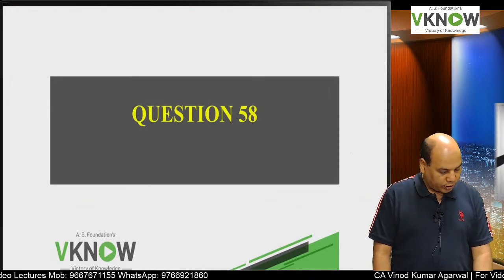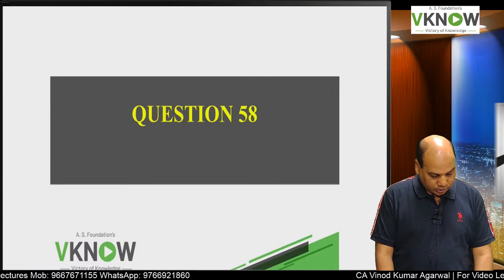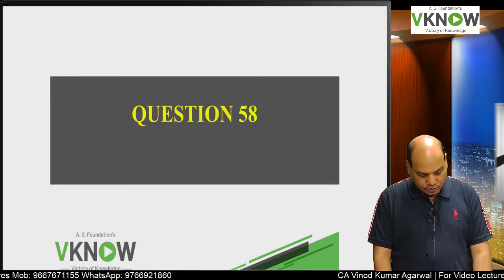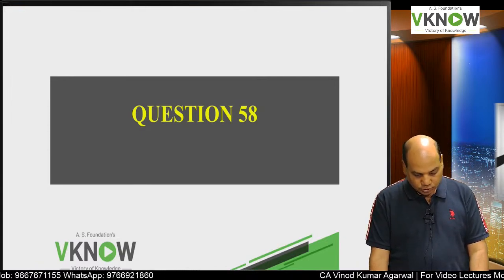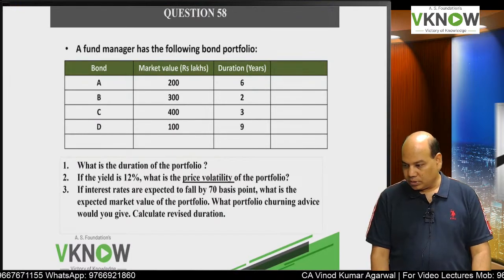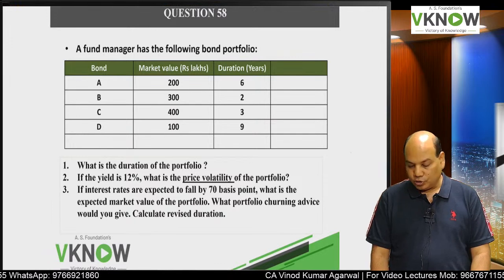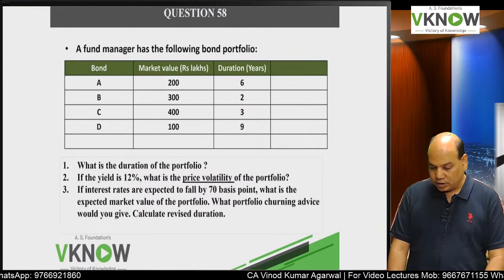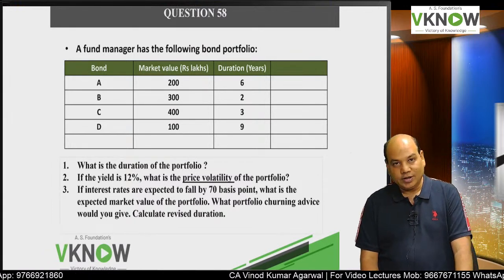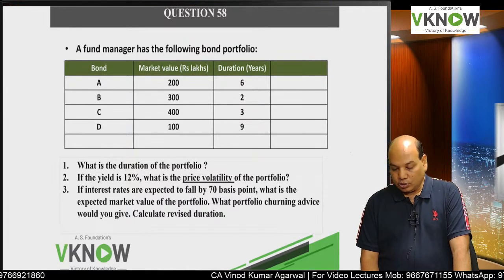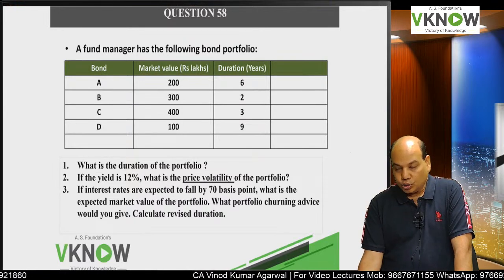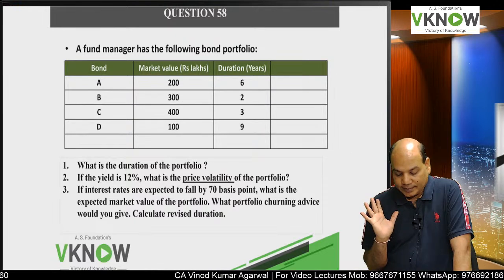Now we'll go to one very important question, number 58. A fund manager has the following portfolio: bond A, bond B, C, D. Market values are given in rupees in lakhs and duration is also given.